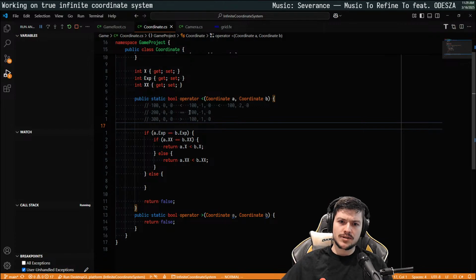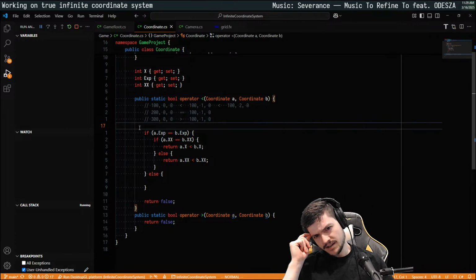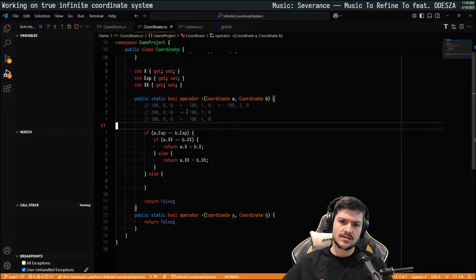Since these numbers, okay, I guess this can be converted into the higher exponent without losing value, right? Or am I crazy? We don't care about precision loss, right? At least for the comparison.